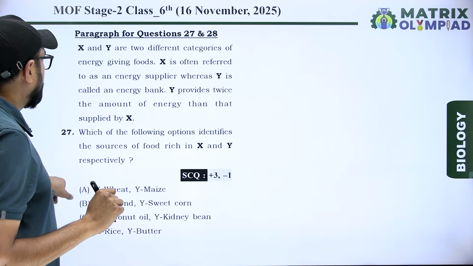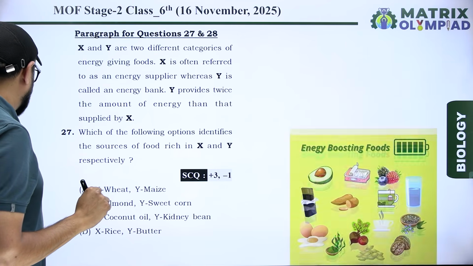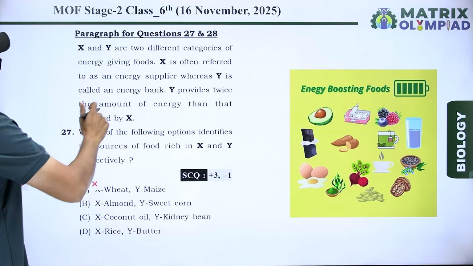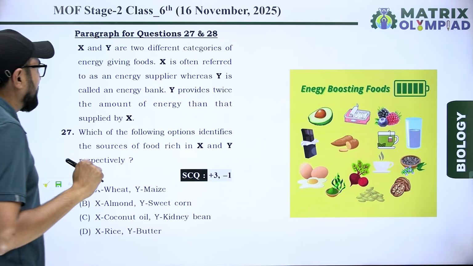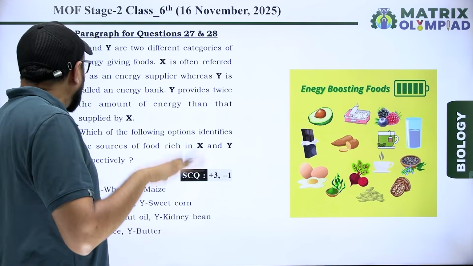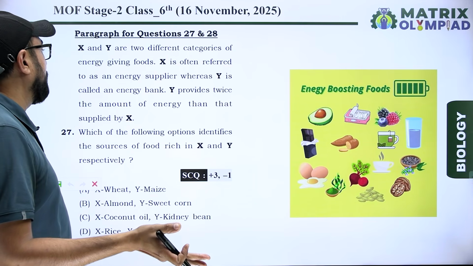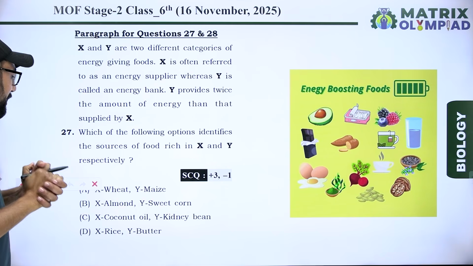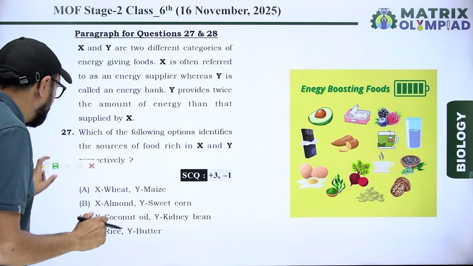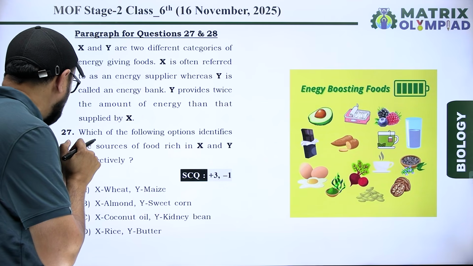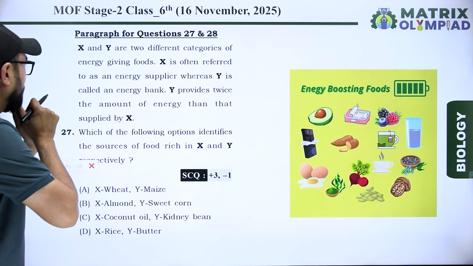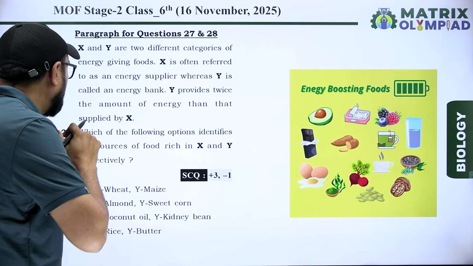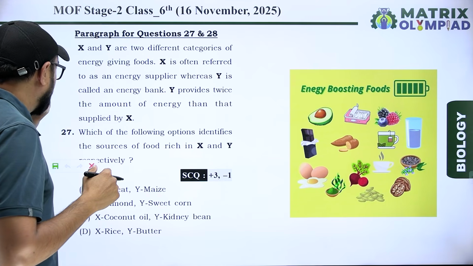Next, paragraph based question. X and Y are two different categories of energy giving food. X is often referred to as the energy supplier, whereas Y is called the energy bank. Identify X and Y. X, wheat, no, and Y, energy bank.